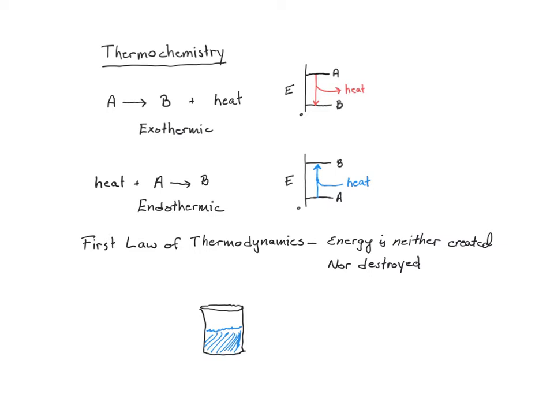Okay, and one of two things is going to happen. If it's exothermic, the heat that is inside the liquid is going to leave, okay? Whereas if it was an endothermic reaction, the heat that was outside of the flask makes its way into it.